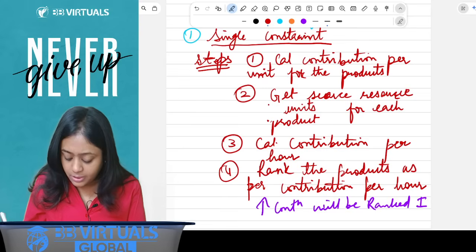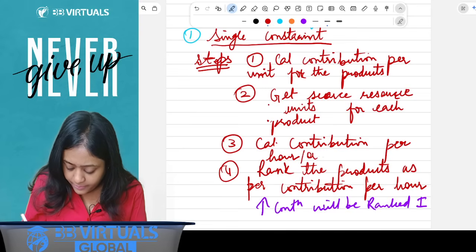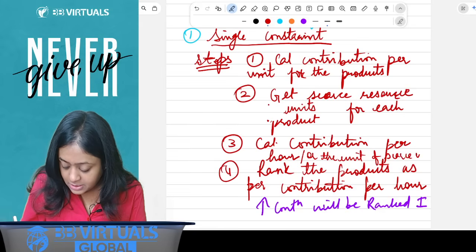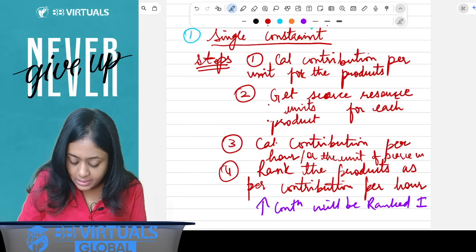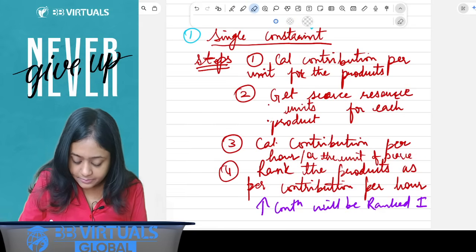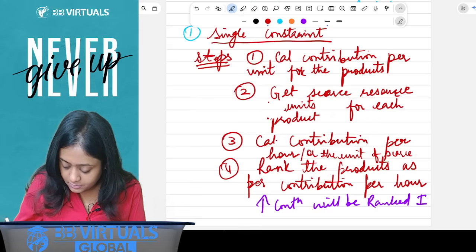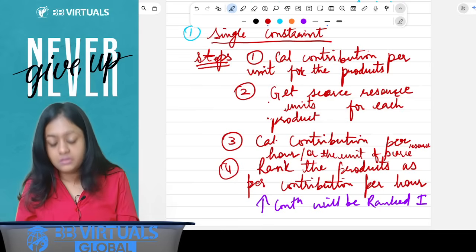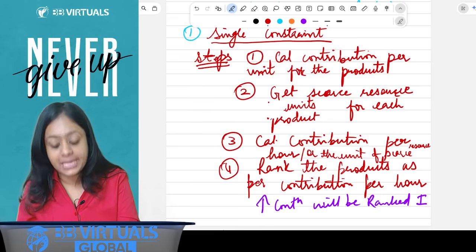Then you will calculate contribution per hour or per unit of scarce resource. What if the scarce resource is material? Then we will calculate contribution per kg. So that depends upon what is the scarce resource.